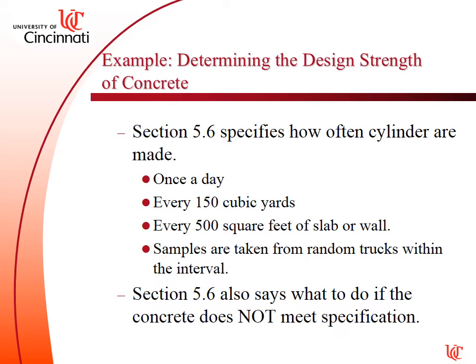It will also say the samples are to be taken from random trucks within the interval. So there are stipulations as to how often cylinders are supposed to be taken.